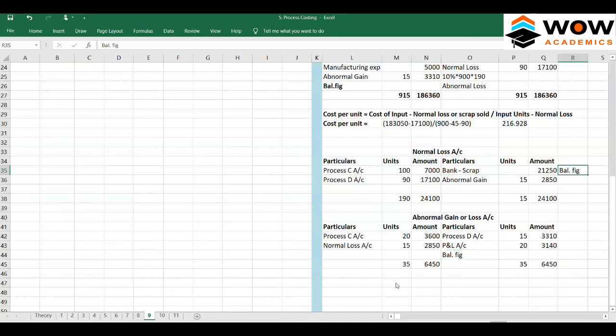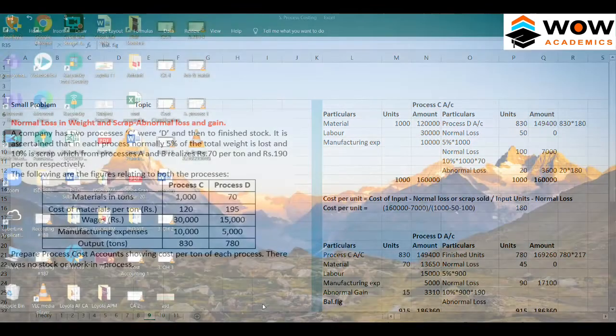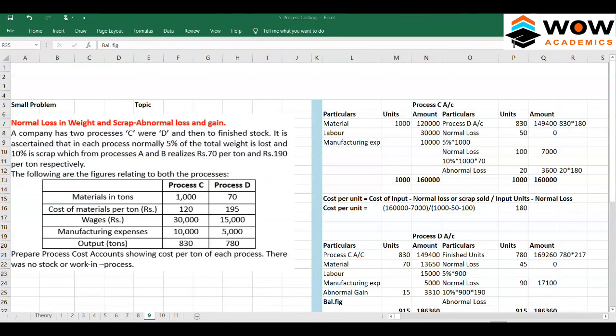So that's about this sum. We'll move on to the next sum. We have finished the sum here.